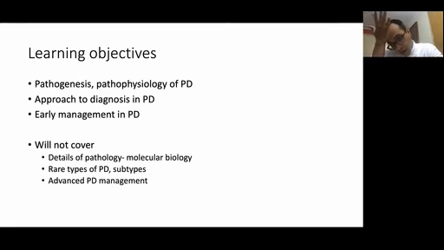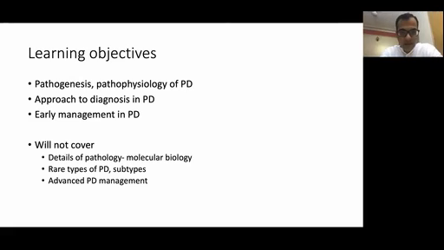That's something which we'll stress a little bit on, a clinical diagnosis of idiopathic Parkinson's disease. We'll also learn a little bit about early management in Parkinson's disease. We will not cover details of pathology. A lot of molecular biology is known now.